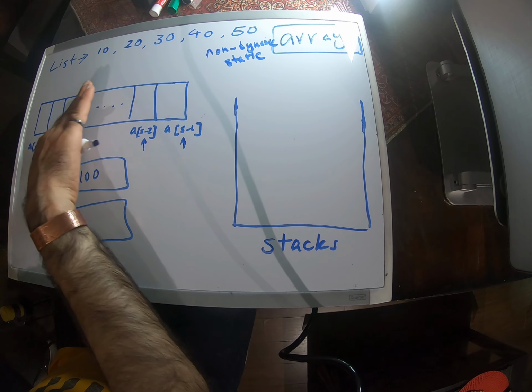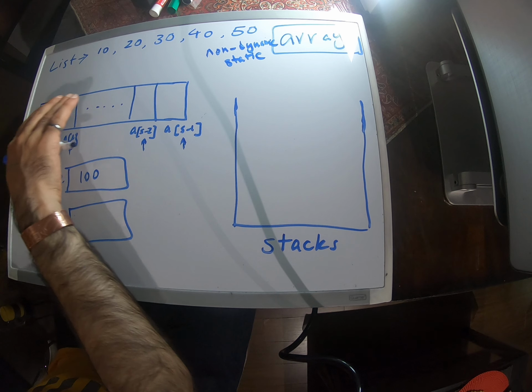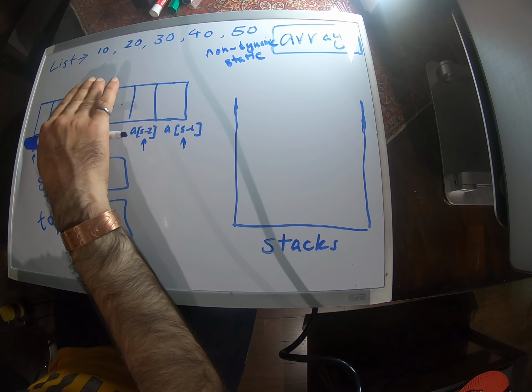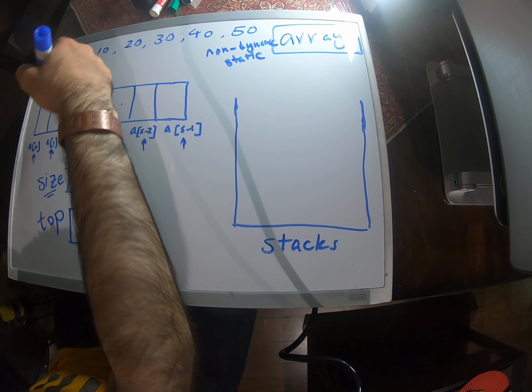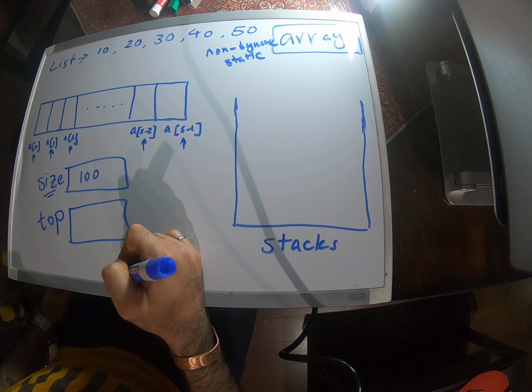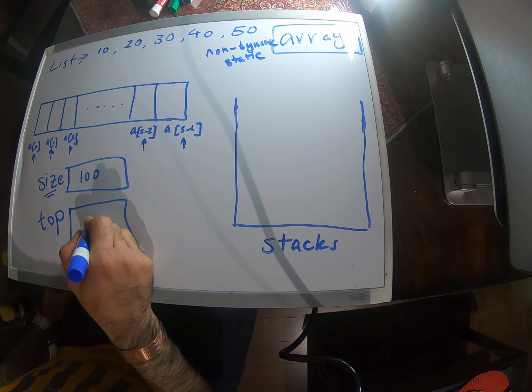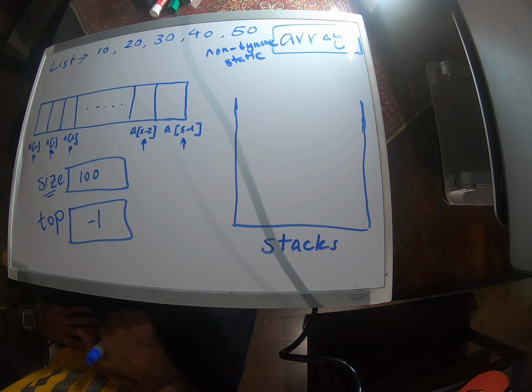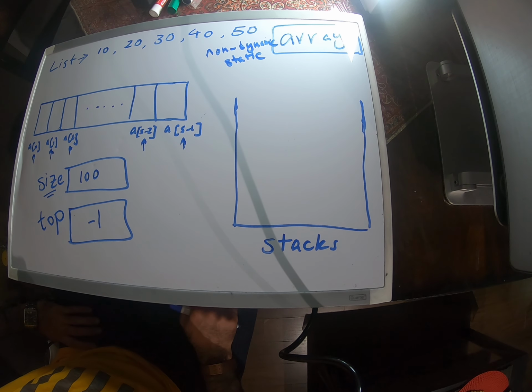The top of the array is going to move as we insert numbers. The last number that we insert is going to be at the top of the array. So initially, when our stack is empty, we choose the value -1 to be the value of our top.